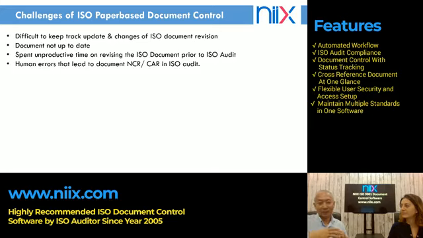By right, these kinds of activities are supposed to be carried out throughout the year, instead of spending so-called unproductive time 1-2 weeks before the ISO audit doing this kind of work. And it may also cause human errors that lead to non-conformance requests for ISO document control during the ISO audit.